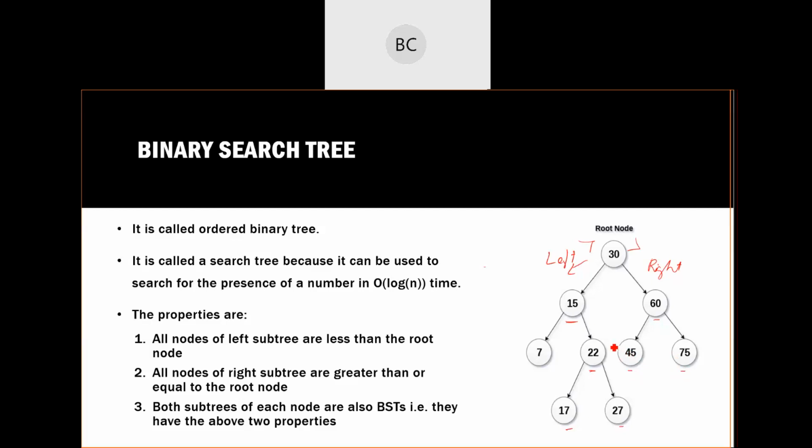There is no restriction on the height or the number of leaf nodes. It should just follow this condition: all the nodes in the left subtree should be less than your root node, all the nodes in the right subtree should be greater than your root node, and all the nodes will follow the same rule. Is it clear?